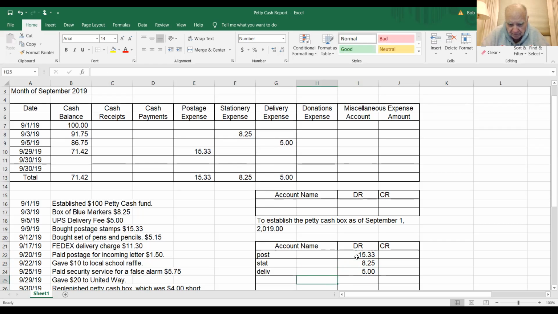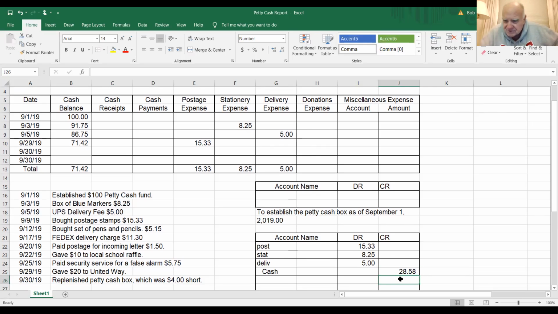And we're going to credit. What do you think we're going to credit? Cash is what we're going to credit. Because now we're putting that money back into the petty cash fund. And this added up to 28.58, right? We'll see if I did that right. 28.58. So I hope you get a little sense of this.